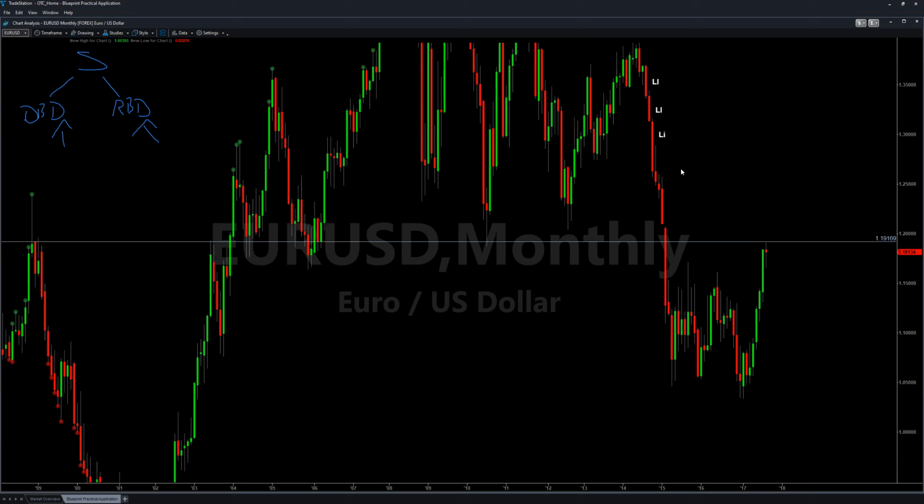This is a base candle, indecisive. Another base candle, indecisive. This is a clear leg out. This is a clear leg out. That means we have here a drop base drop, right? And that is one of our supply areas, DBD. It's perfect. We found our first high quality supply zone.